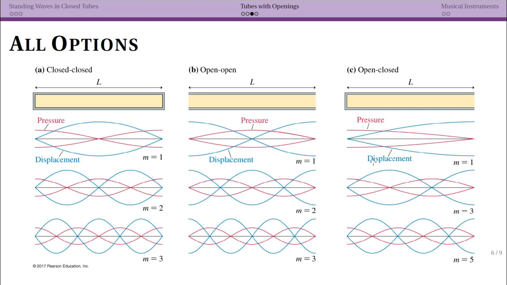If I look at, for instance, displacement, I have a node here, but then I have an antinode there. I don't actually even come back to my node. But the same thing happens in pressure. In pressure, I have my antinode here, and I have my node over on that side.